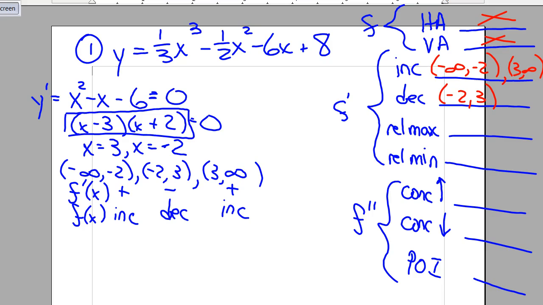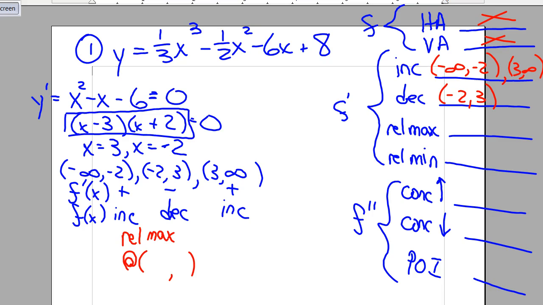So where's the relative max? What's the x value of the relative max? -2. When the original graph switches from increasing to decreasing, you get that top of a hill.